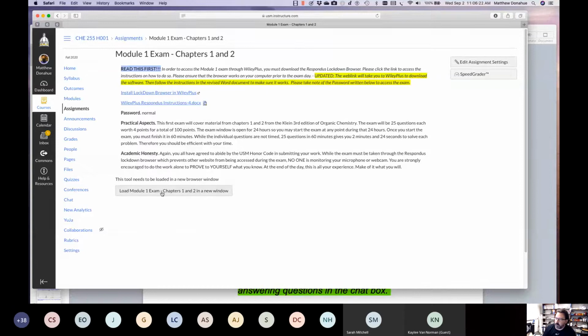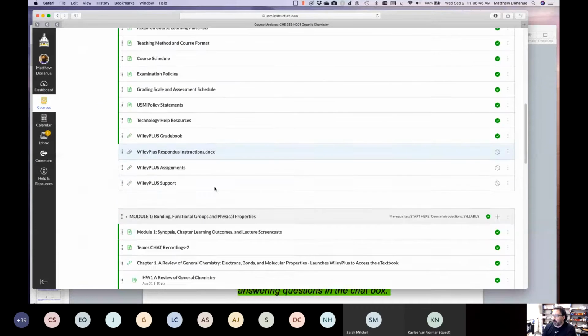Don't just go shotgunning into this and take the exam. You should really read all this so you understand what the exam is going to be about. So these instructions will probably remain the same for exam 2. The password might change, but there's the password. A couple people couldn't find it. There it is. So that's, again, module 2.